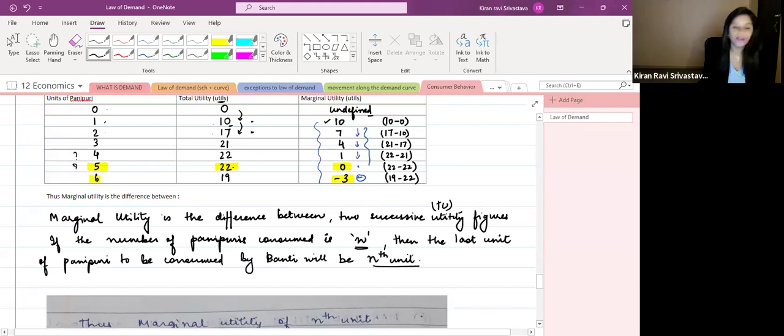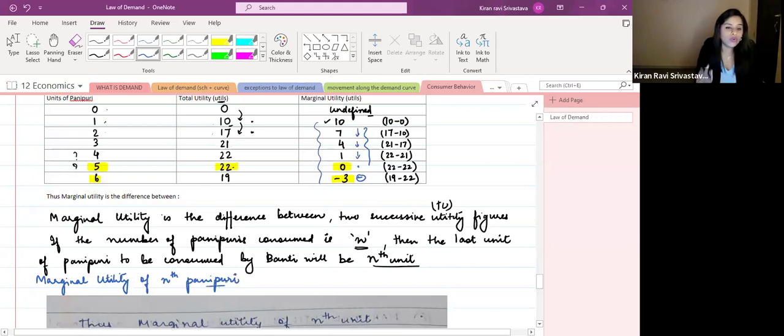So the last pani puri he is going to consume will be called the nth unit. Here the last is sixth, so sixth is called the nth unit. And the marginal utility at any point of time, so marginal utility of the nth pani puri.